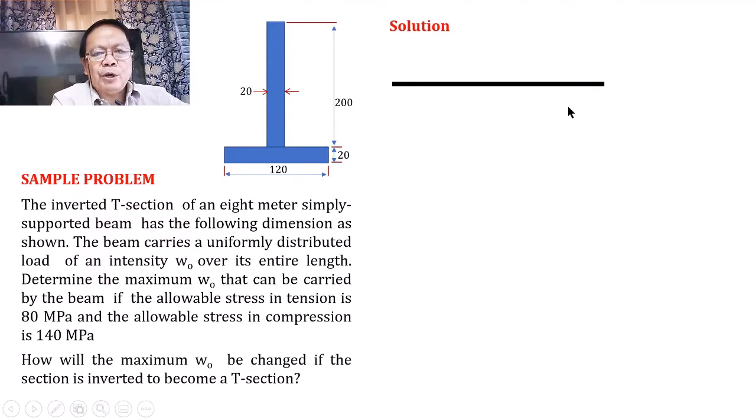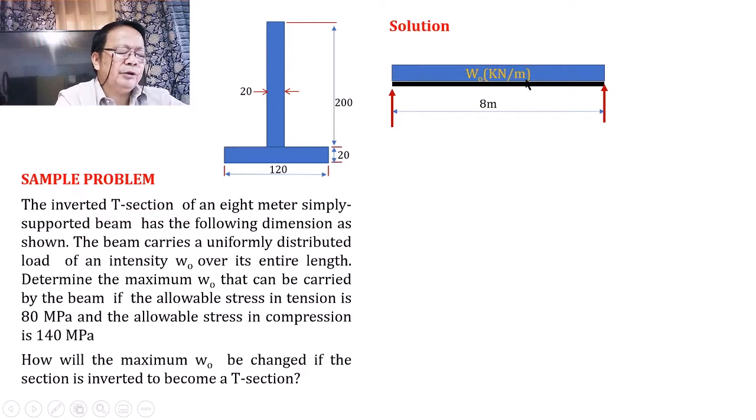Para sa situation na ito, madali nating makuha yung kanyang maximum bending moment. So, in our problem, we are given here a simply supported beam of span 8 meters. This beam will be carrying a uniformly distributed load W, which should be expressed in kilonewton per meter.